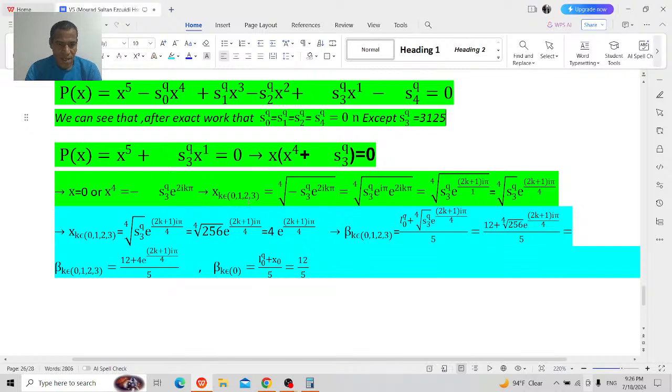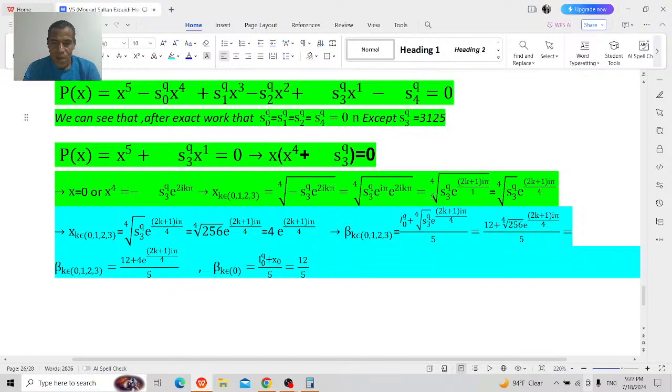Therefore, xk, because we have 4 roots here, k from 0 to 3, is equal to the fourth root of negative S3 q exponential 2k i pi. You can write the negative sign as exponential i pi, so it will be the fourth root of S3 q exponential i pi times exponential 2ik pi. You can add these together.